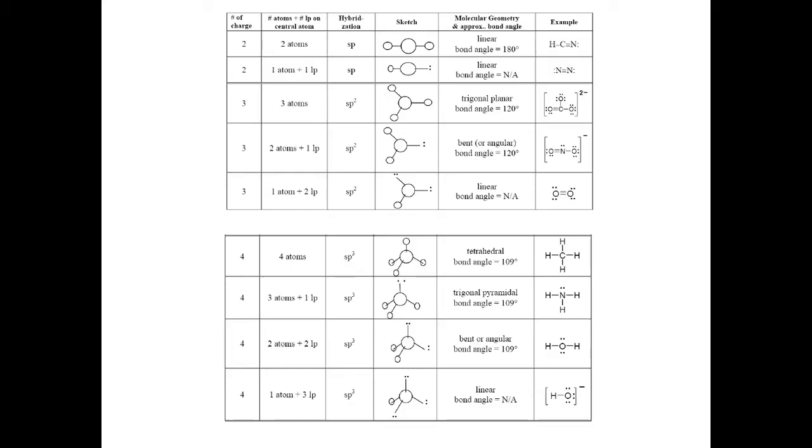Then in case of 3 atoms and 1 lone pair, that will be pyramidal shape. If there are 2 lone pairs and 2 bond pairs, then that will be angular again or simply bent. A very familiar example is the water molecule. And if there are 3 lone pairs, then that will be linear.